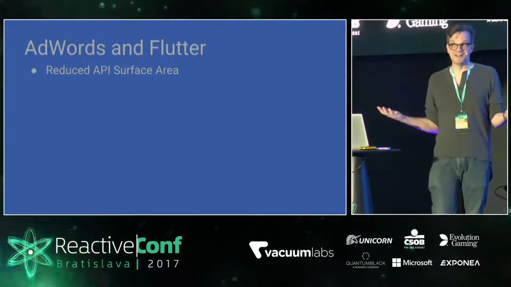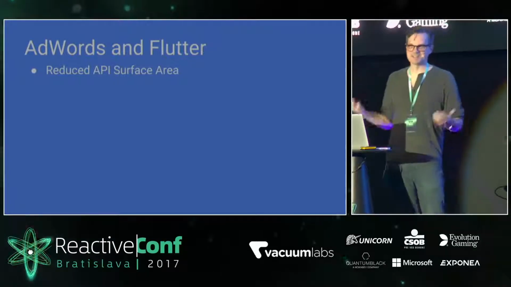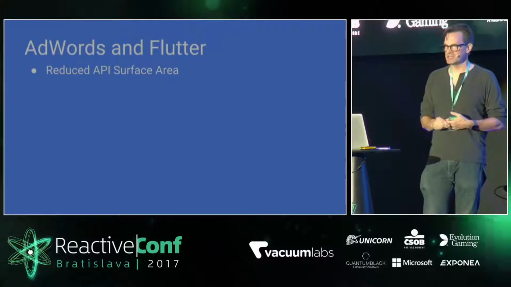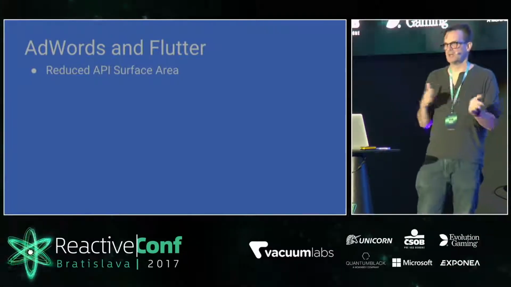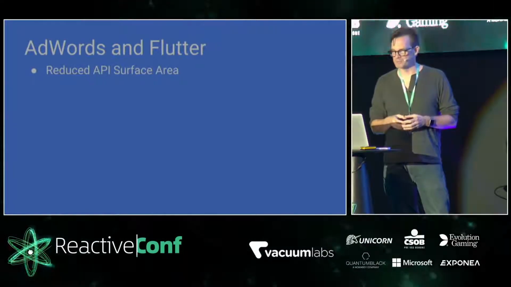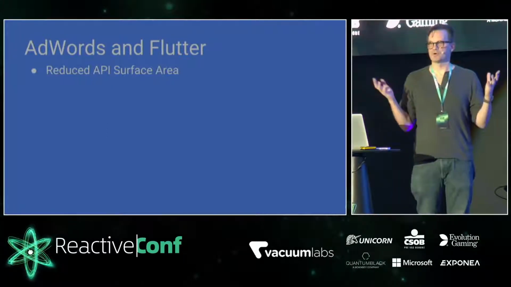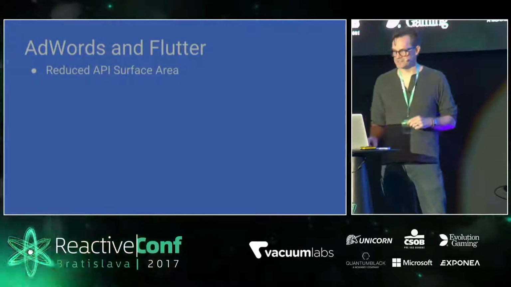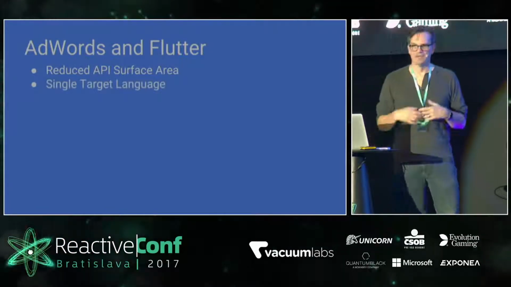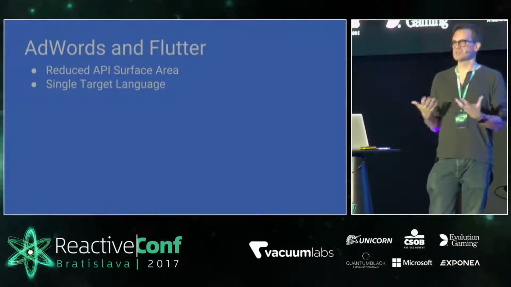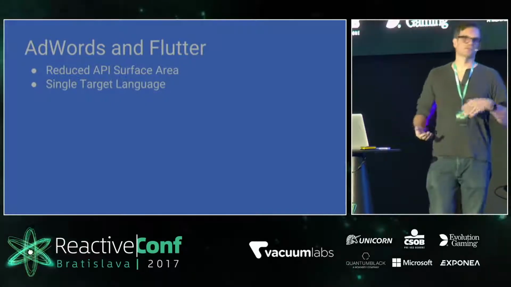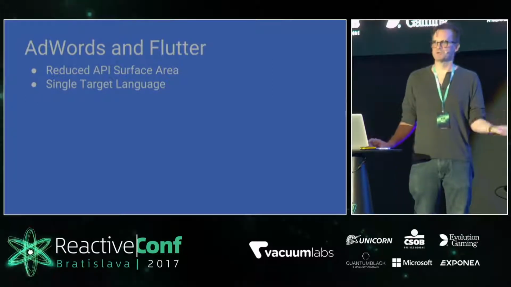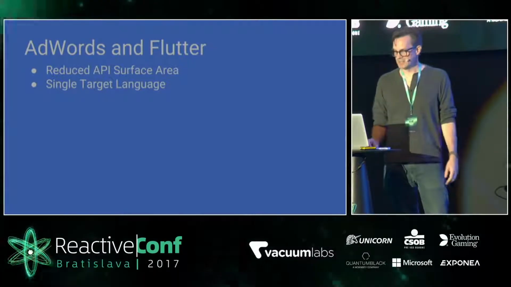We liked each other just fine, and we were using the same data sources, but we couldn't really share code, and we couldn't share expertise, but we did have to have the applications be fairly identical on both platforms. So it was nice to say, okay, great, we're only going to have one API to target, and it's not going to be iOS or Android, it's going to be the Flutter SDK API. Similarly, we were able to say it's just going to be this one language, so we can share some expertise and some code between ourselves, and we don't have to be expert in both Java and iOS.